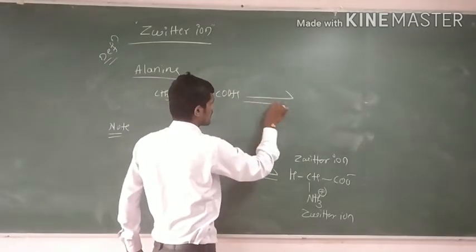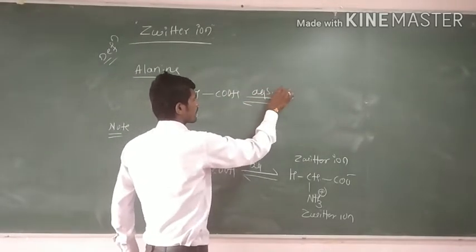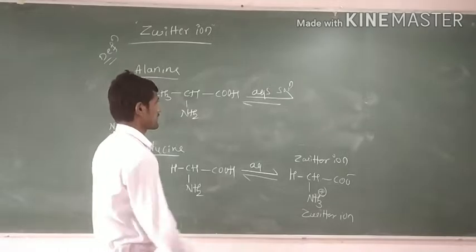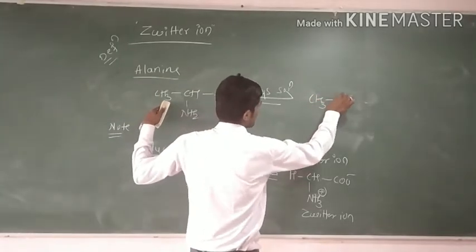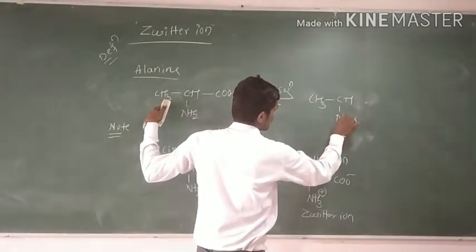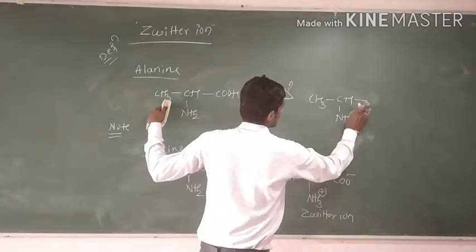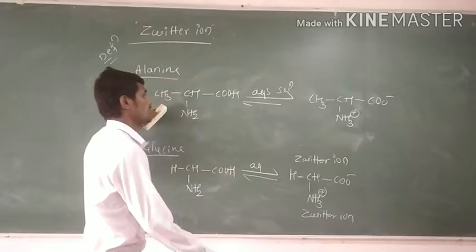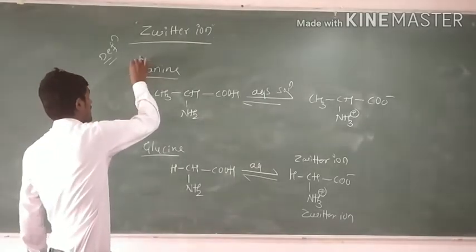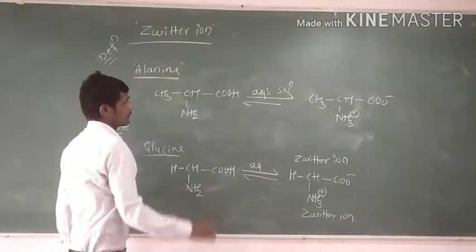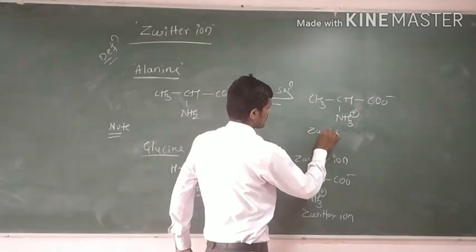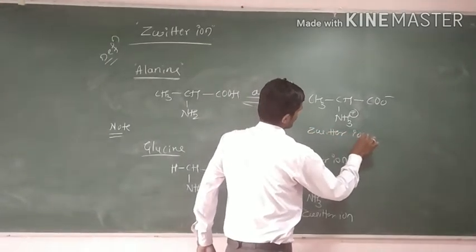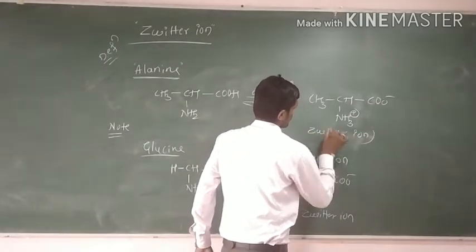In presence of aqueous solution, it changes to CH3 CH NH3 plus COO minus. This is the Zwitter ion structure of alanine. This is very important. Please remember the Zwitter ion structure of alanine.